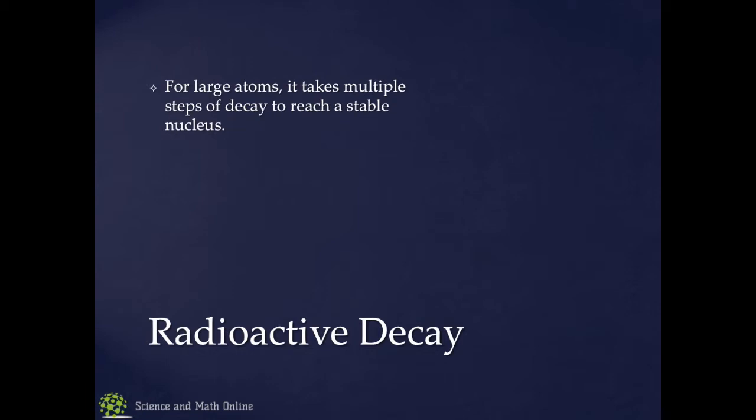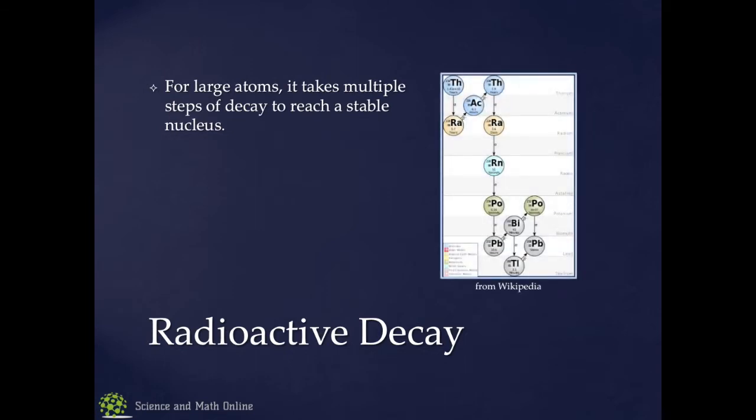There are too many neutrons, too many protons, too much force going on to make a stable nucleus. And so they generally tend to decay. For example, if we start with thorium, it decays to radium, then actinium, thorium, radium, radon, polonium, lead, bismuth, and thallium, sorry.